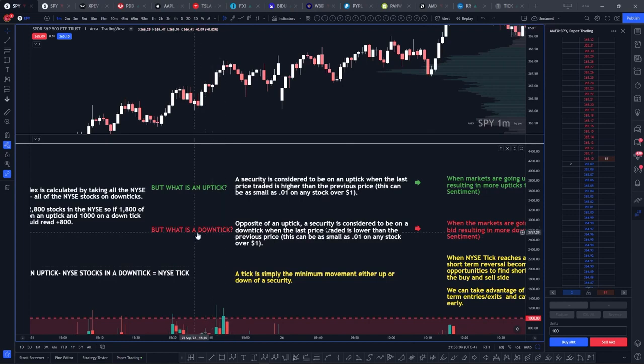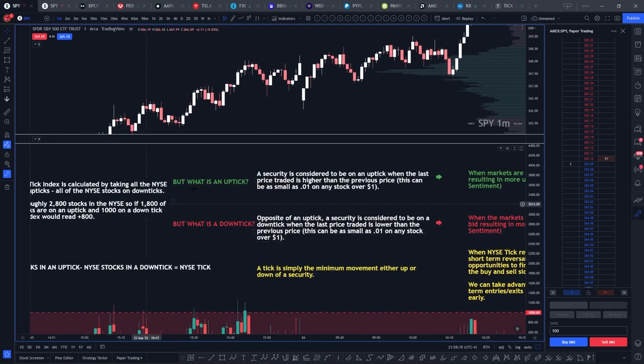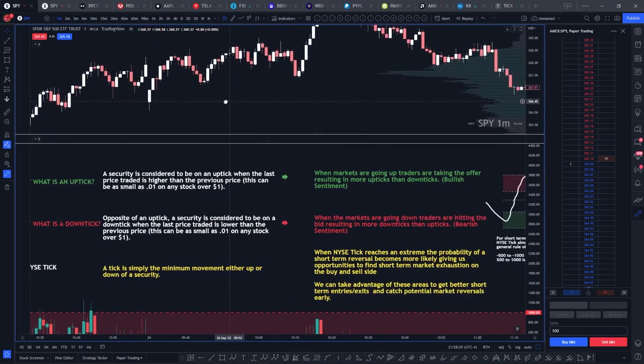And any movement that is pushing down, from a cent to $1,000, whatever it is, any stock that's going down at any given time is going to be considered a downtick. So when we're looking at our tick index, we're looking at the combination between these two to give us an overall reading of whether there are more stocks at any given time in an uptick or a downtick.